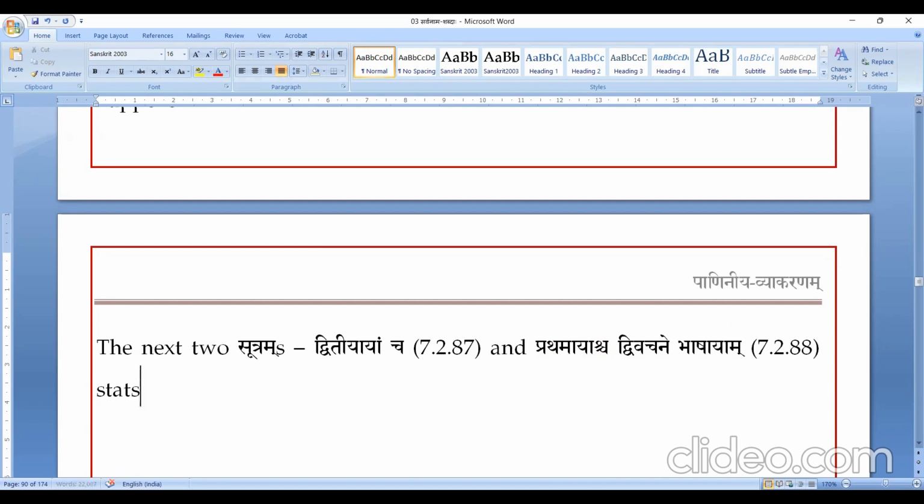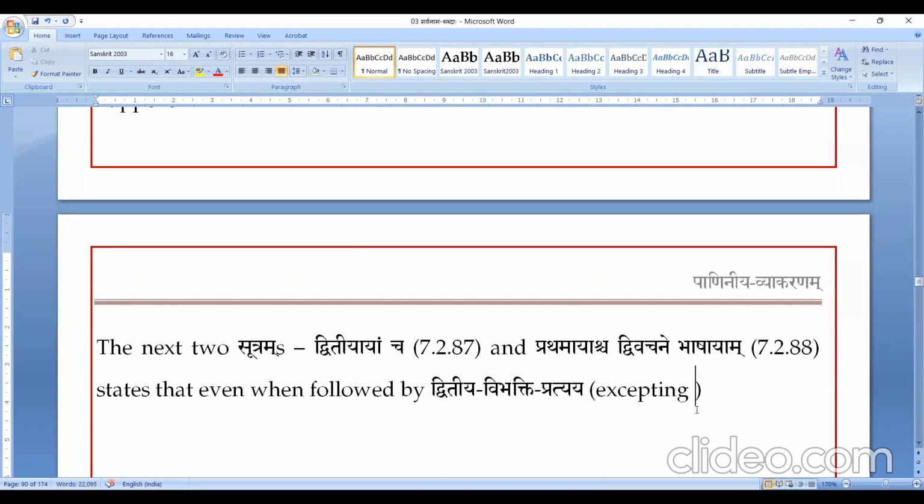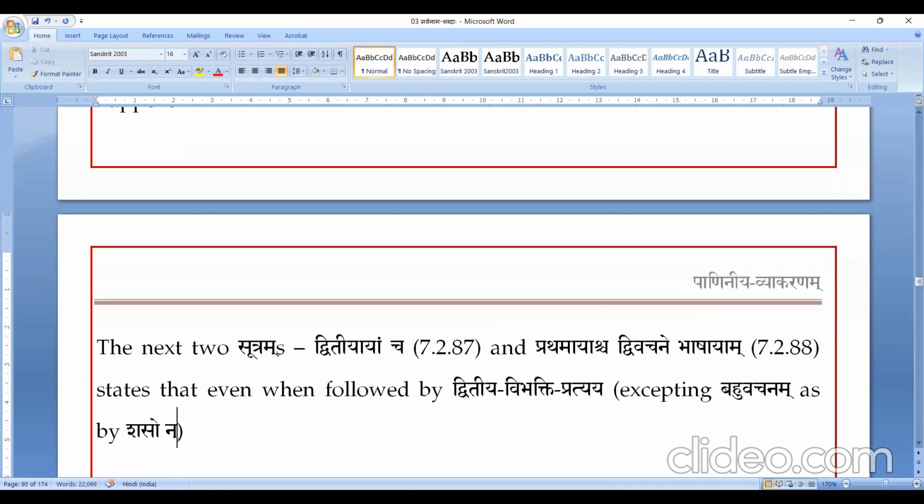The next Sutram states that even when followed by Dvitiya Vibhakti Pratyaya, accepting Ekavachanam, because by Shasona, accepting Ekavachanam, it gets Nakara Adesha, right?